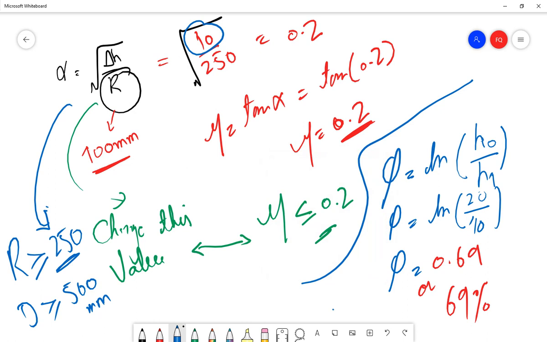I want to clean it up, but I want to keep this here and this here. So let's change these.